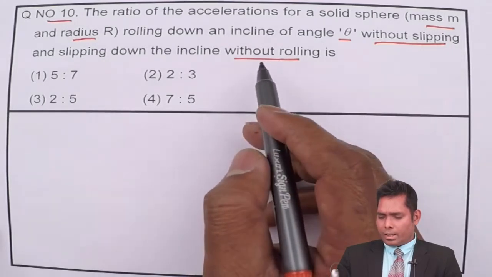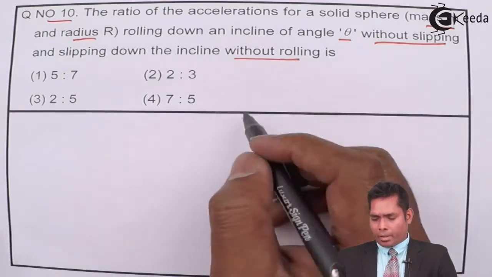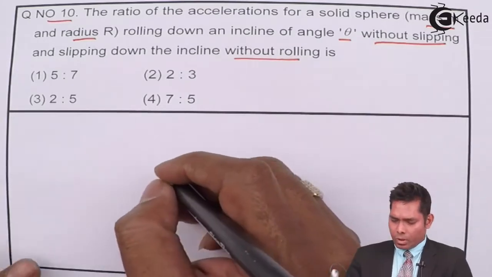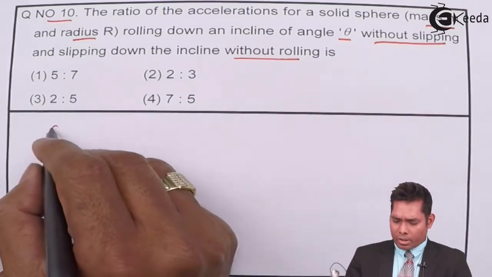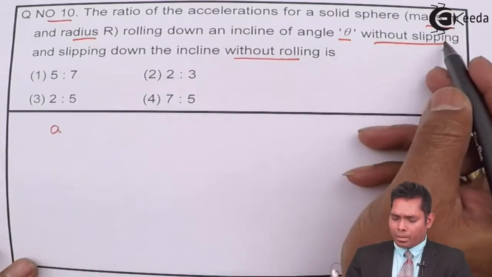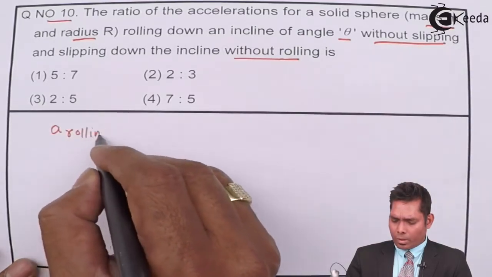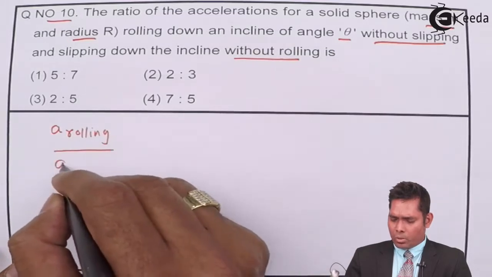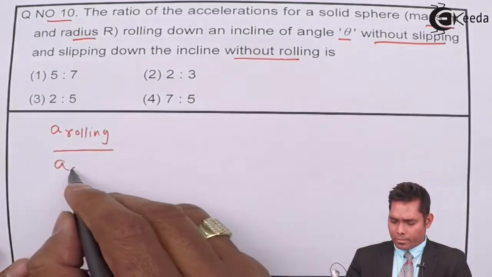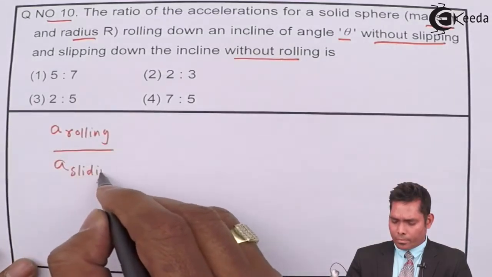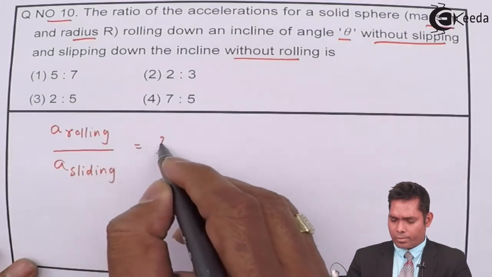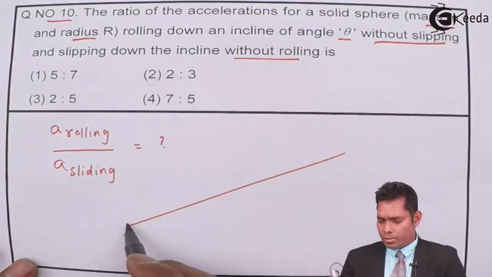So one is rolling and another is sliding. To find the acceleration without slipping, meaning rolling, divided by the acceleration without rolling, that is sliding. This ratio is to be found.